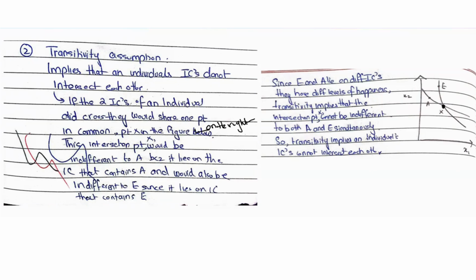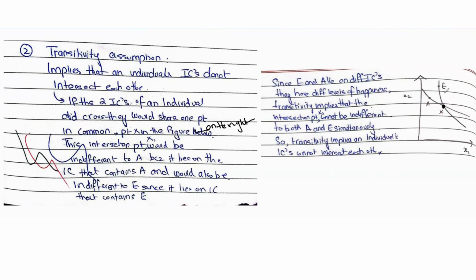Let's see what would happen if the two indifference curves did cross each other, which transitivity says is not possible. Because they cross, they share a point, which in this case is point X. This intersection point is indifferent to bundle A because it lies on the same indifference curve as bundle A, and we know an indifference curve shows all those bundles you are indifferent between.